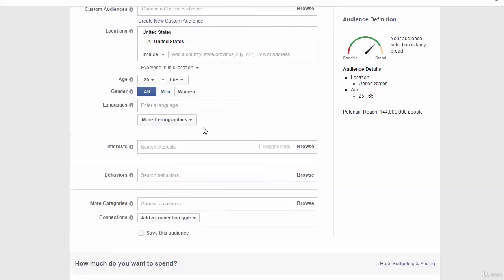Now, if you were selling a product such as wedding rings, people wouldn't have wedding rings as an interest. You're not going to say on Facebook, oh, I like wedding rings. So you can't find people that way, but you can still find an audience to market to. The way you would do that is to use more demographics.